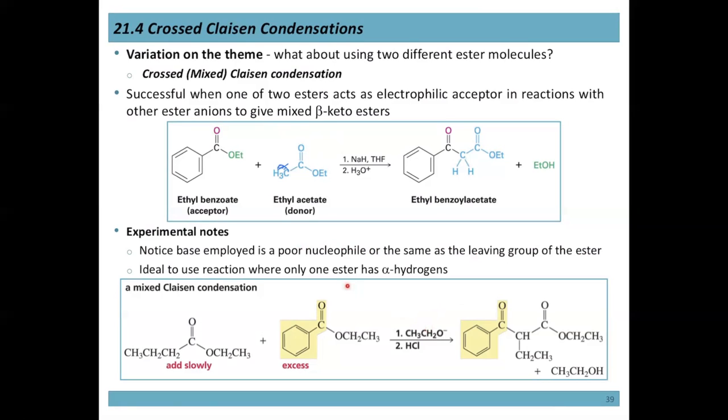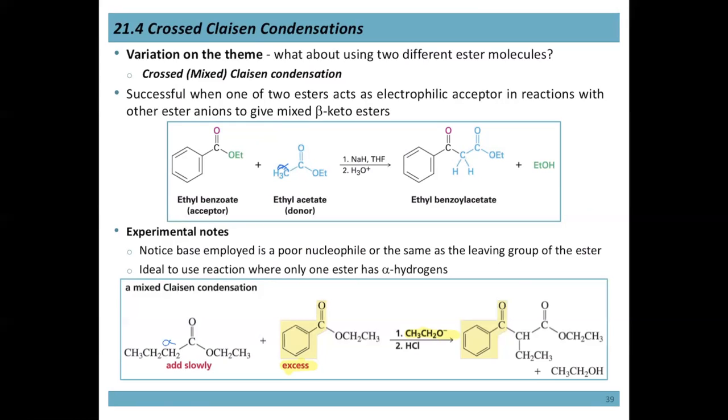And again, what we can do is add just one compound that has alpha protons, and our other one lacks alpha protons. And so what we do is we have the one lacking alpha protons listed in excess sitting in solution. We add the ethoxide, and with those two, nothing happens.